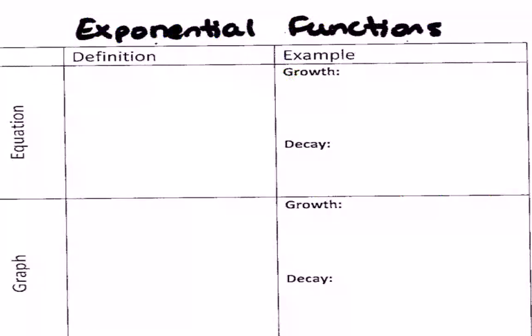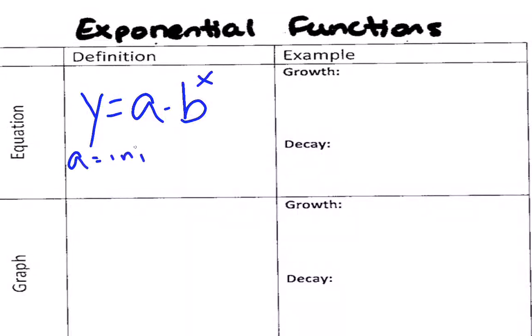And the last type we've looked at are exponential functions. We only have one equation for an exponential function, and it's y equals a times b to the x. And remember, a is our initial value, and b is our multiplier.